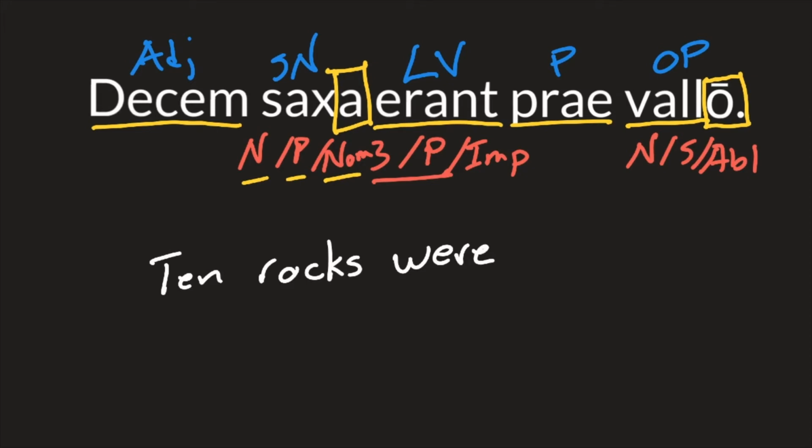Were, pry means before or in front of. We'll go with in front of. Wallum means wall. So wallow, in front of the wall. There we go. 10 rocks were in front of the wall.